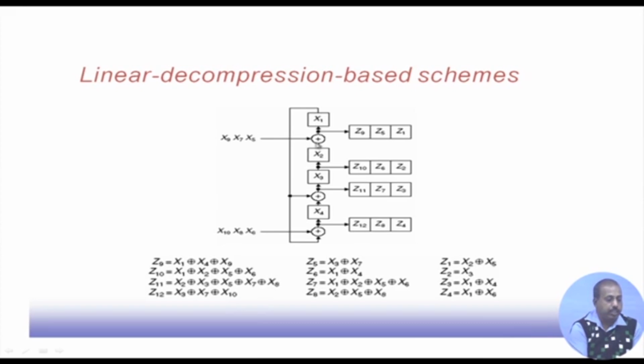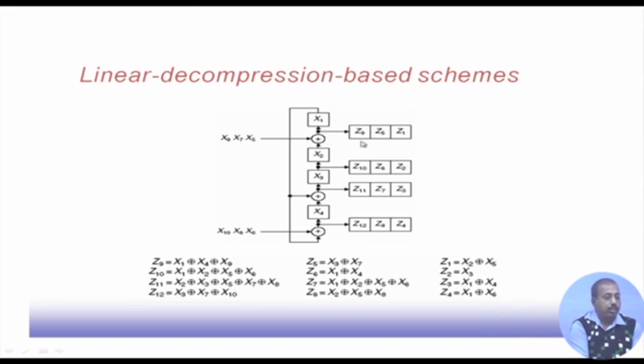This is a shift register, and in between we have these XORs. Initially, these cells have x1, x2, x3 and x4, and we have x5, x6, x7, x8. They are fed as input to these XOR gates in successive cycles.